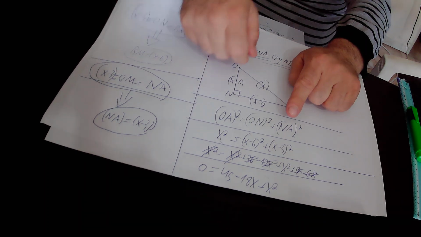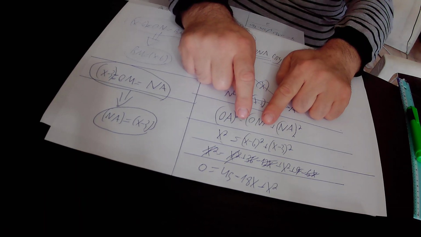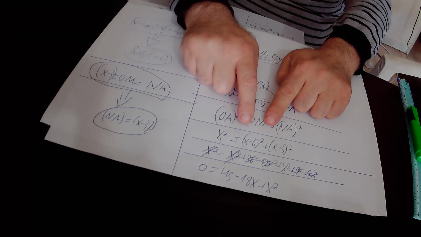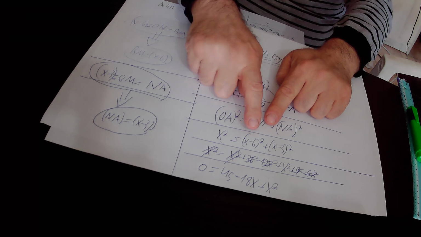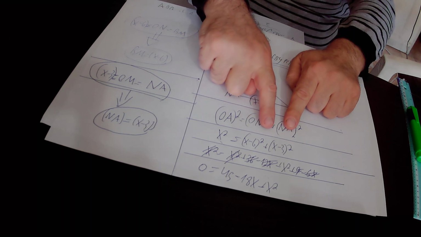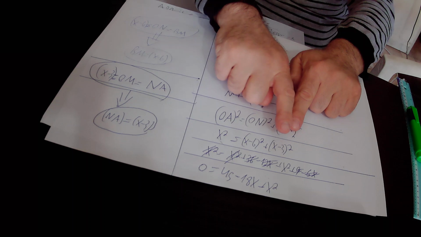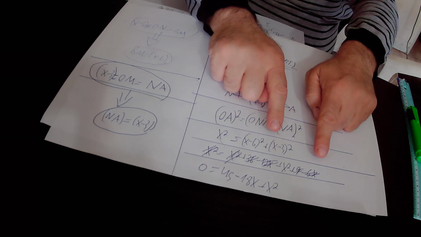So (x minus 6) squared equals x squared plus 6 squared, that is 36, minus 2 times x times 6, that is minus 12x. And (x minus 3) squared equals x squared plus 3 squared, that is 9, minus 2 times x times 3, that is minus 6x.